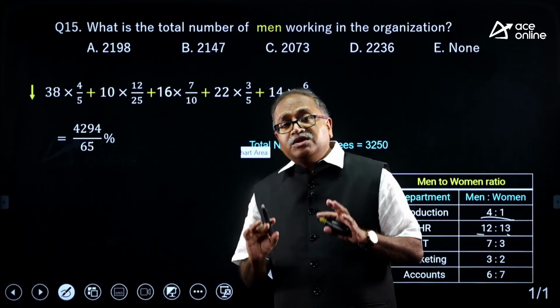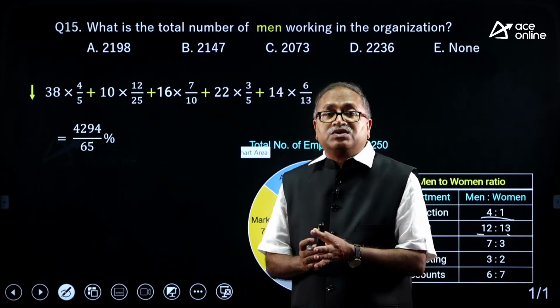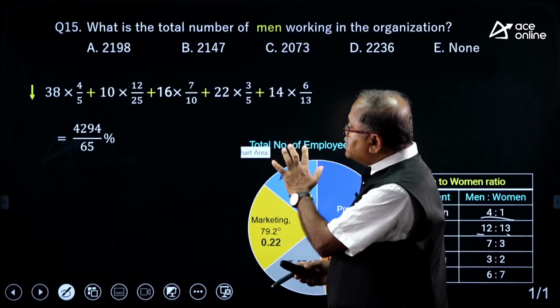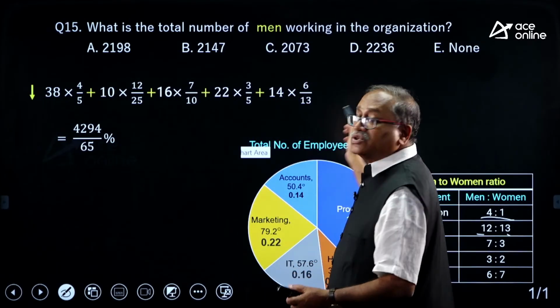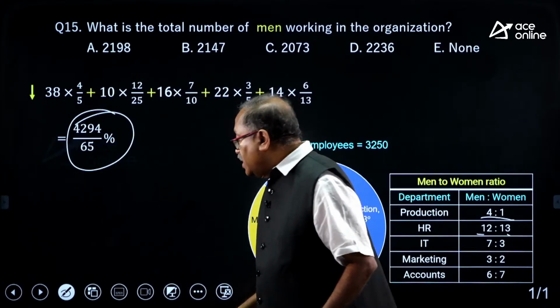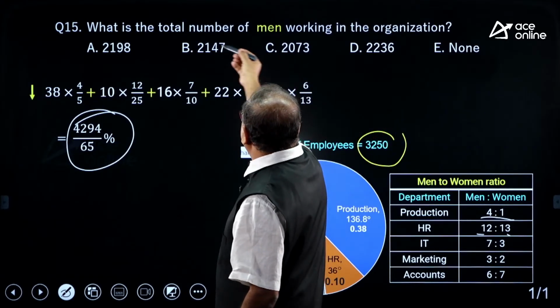So, in the examination you try to skip those questions, because this single question will consume almost 3 or 4 questions' time. Look at this, so many calculations. Then you get the overall percentage, and then what you have to do is convert to a number, because the answer is given in numbers.